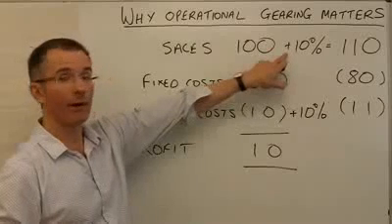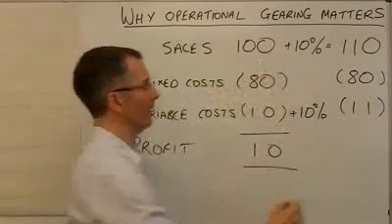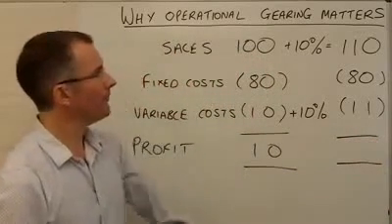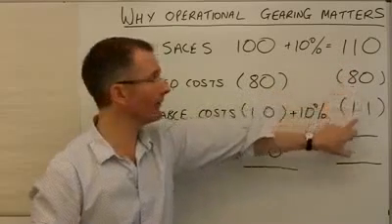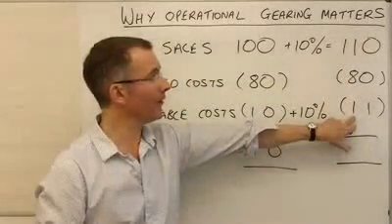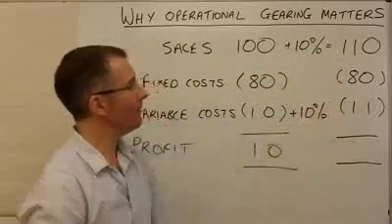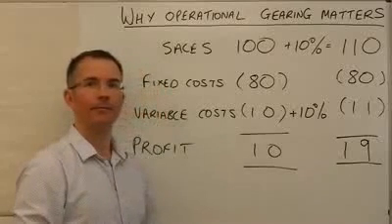So a 10% increase in sales, great, all businesses want to achieve increased sales, moves the profit figure to 110 minus those fixed costs minus those variable costs, so that's 110 minus 80 minus 11, that's 19.